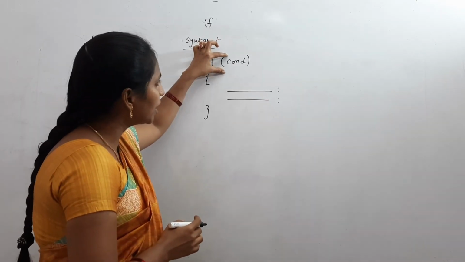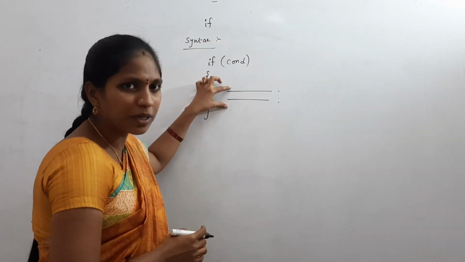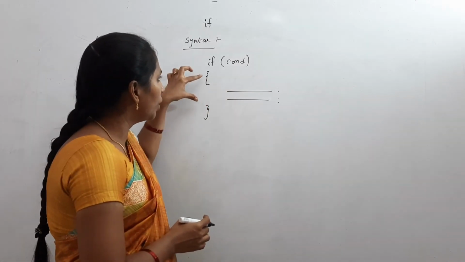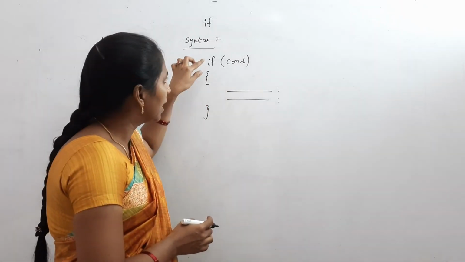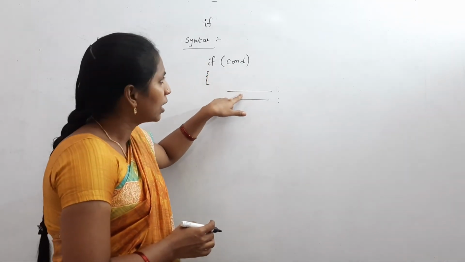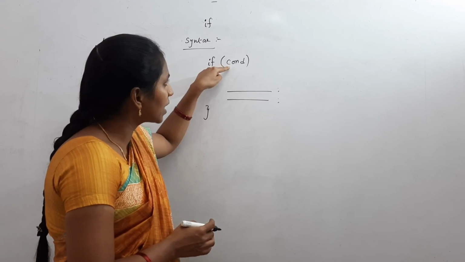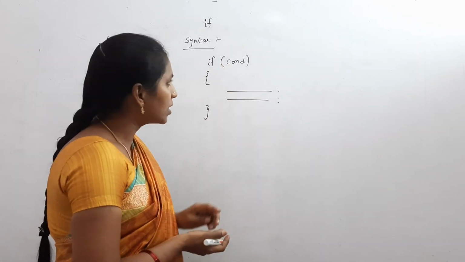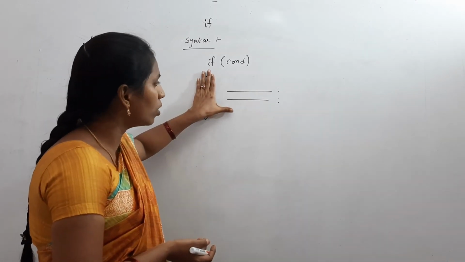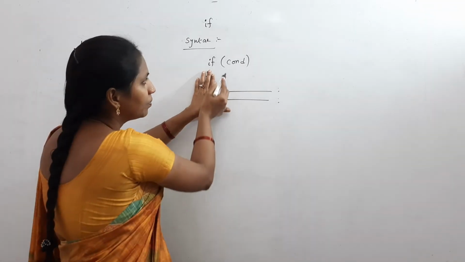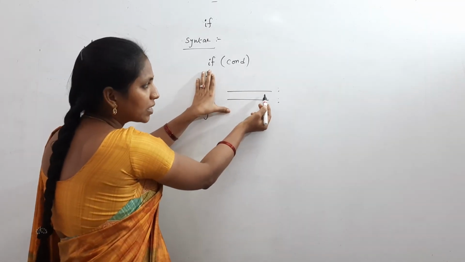If this condition is true, then these statements will be executed. Suppose there is a single statement, then no need to use these flower brackets. Directly write if condition, then write this single statement. After checking this condition, if it is true, then the single statement will be executed. If there are no brackets in this syntax, then only one statement will be executed.